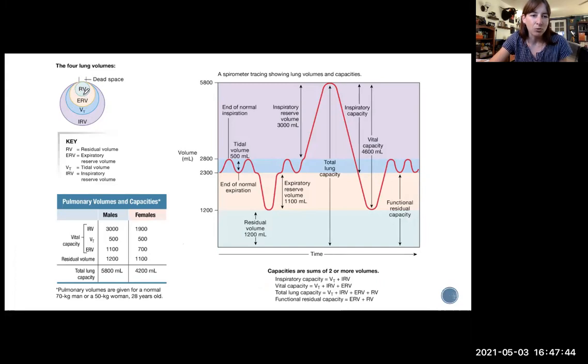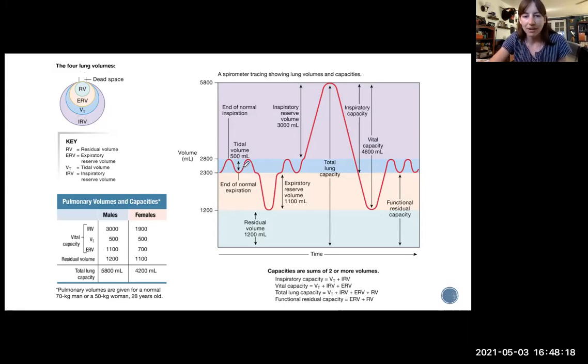And then your residual volume, which is how much is always in the lungs. Your expiratory reserve, so how much you can breathe out before you get to that residual volume. The total tidal volume, which is how much you normally breathe. So the blue is how much you normally breathe in and out during quiet respiration. You can inhale up this much, you can exhale that much. This much stays in the lungs, and your dead space never makes it into the alveoli.